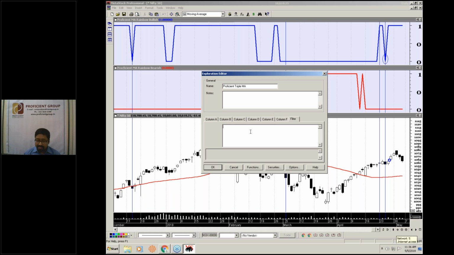And as you will see later, when I run this exploration, some very beautiful stocks that are in a strong uptrend, but right now in a pullback mode, we can find such stocks on a daily basis, right? So first of all, I'm going to use three moving averages. That's why the name is triple moving average.